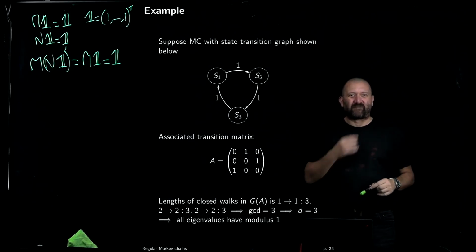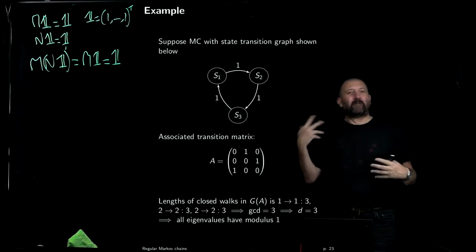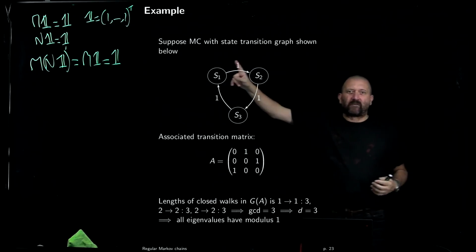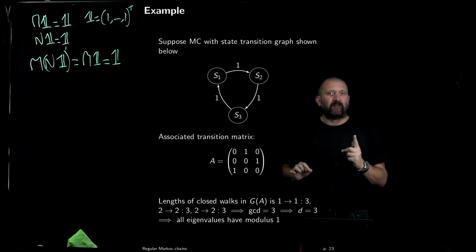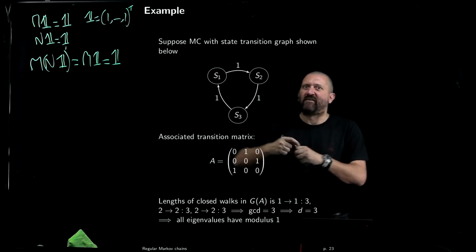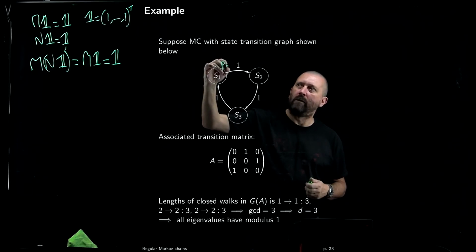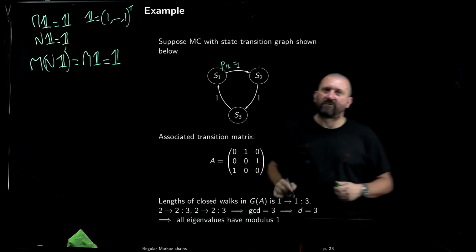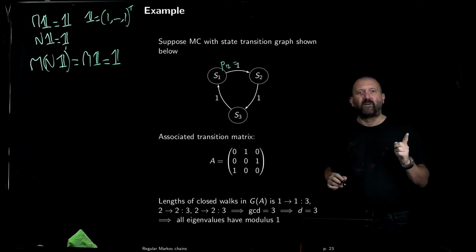We've looked at this one already, but now I'm going to make it into a Markov chain. How do I do that? Well, I'm going to weight the arcs by the probability. So this here is P1,2 equals 1. That means the probability of moving from 1 to 2 is 1.